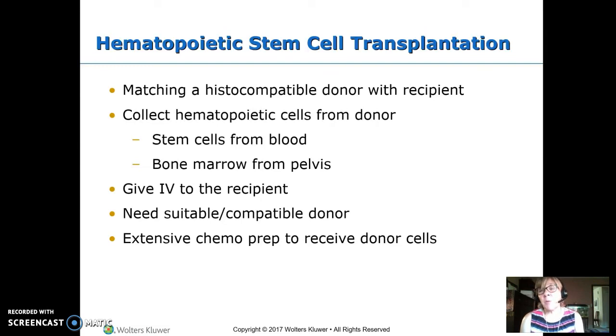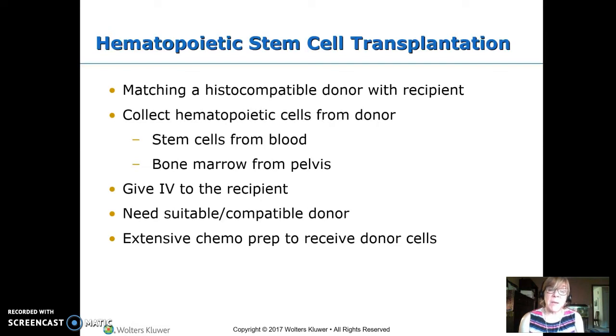However, for children, when the child's the recipient, they're more likely to do that actual bone marrow as opposed to peripheral stem cells. Anyway, however they get that, they take those stem cells, which can become any kind of cell, and they give them to the recipient in an IV.